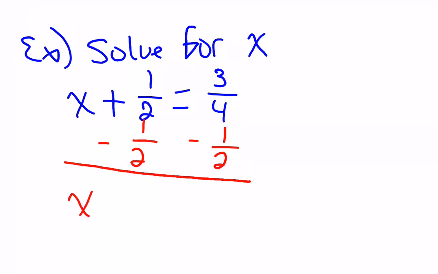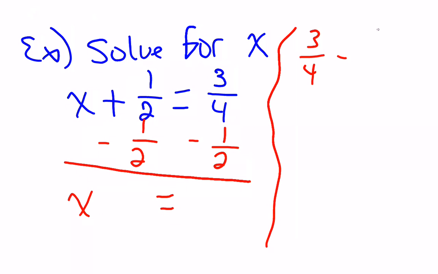So 1/2 minus 1/2 is 0, and then 3/4 minus 1/2. At this point, we have to remind ourselves how to work with those fractions. For 3/4 minus 1/2, I have to look at the denominators to determine the common denominator. In this case, it's 4.